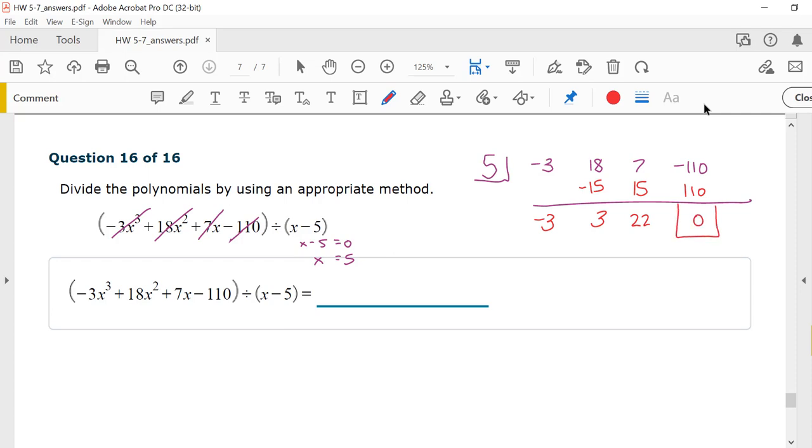The remainder is 0. For the quotient, my answer is -3x squared plus 3x plus 22. And that's the end of the homework set.